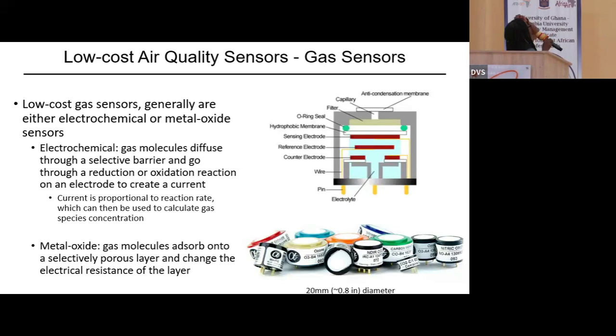So low-cost air quality sensors for gas. The gas sensors are generally electrochemical or metal oxide sensors. In the electrochemical case, the gas molecules diffuse through a selective barrier and go through a reduction-oxidation reaction on an electrode to create a current.